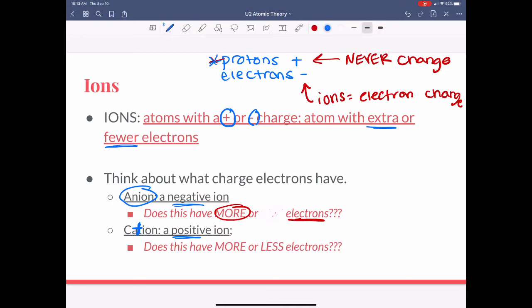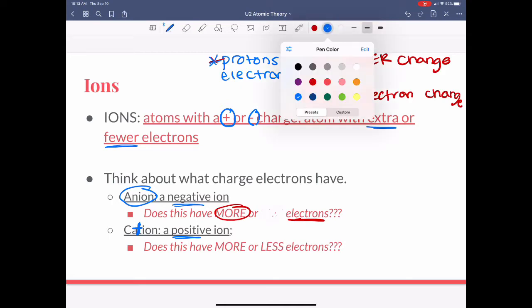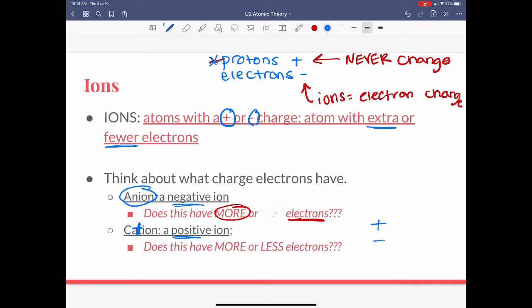In order to be positive, let's say again I've got 3 protons and 3 electrons. Again, I cannot change my protons. So what do I need to do to the electrons to make my ion positive? I would need to get rid of one.